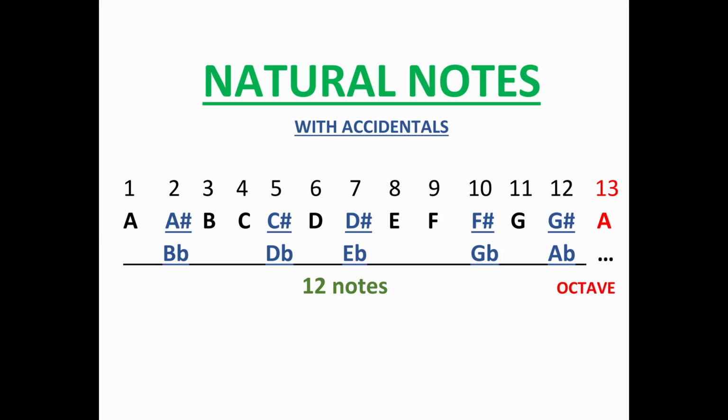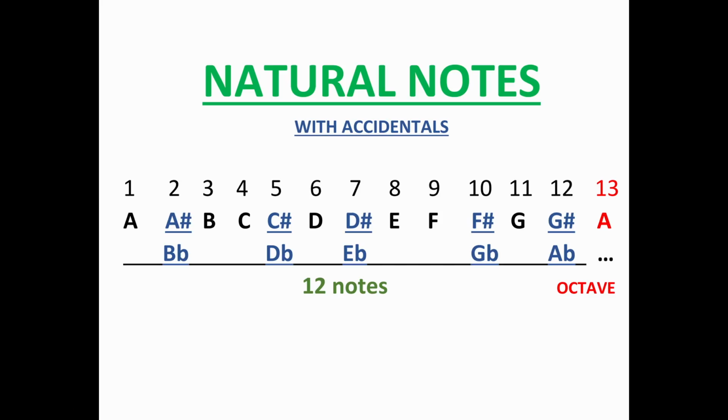Then when we go from E to F, there will not be any sharp if you are increasing the pitch of E. So E has no sharp and F has no flat. After that we go further, and between F and G we get F sharp and G flat. So F sharp and G flat is basically the same note, enharmonic to each other.